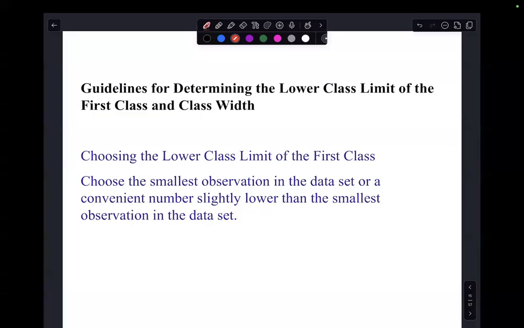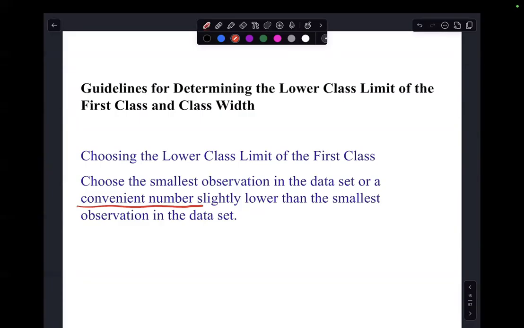Okay. Now they say choose a convenient number. I always choose a pretty number. So for example, we had 672. We chose our lower class limit of the first class to be 670. You absolutely can just choose 672 as the lower class limit of the first class, if you want to. Usually, though, we will choose a pretty number.